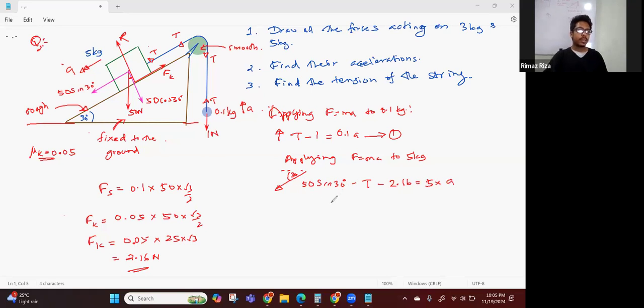So 50 sin 30 is 25, minus T minus 2.16 equals 5a. So I take this as equation number 2. So we have 1 plus 2. Here 25 minus 2.16.